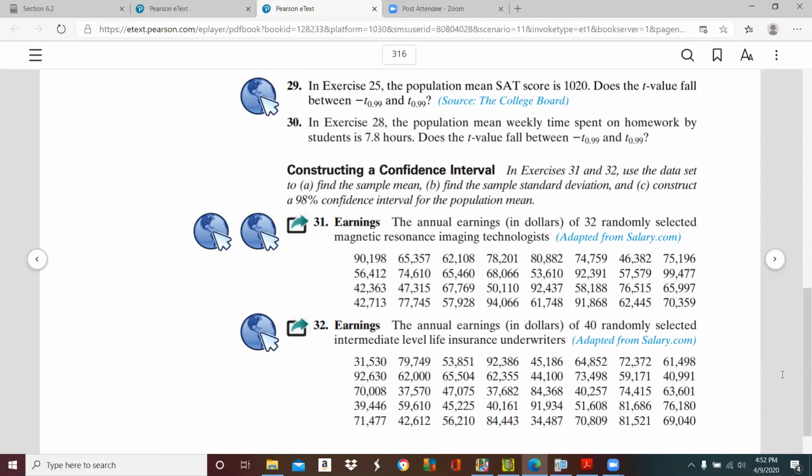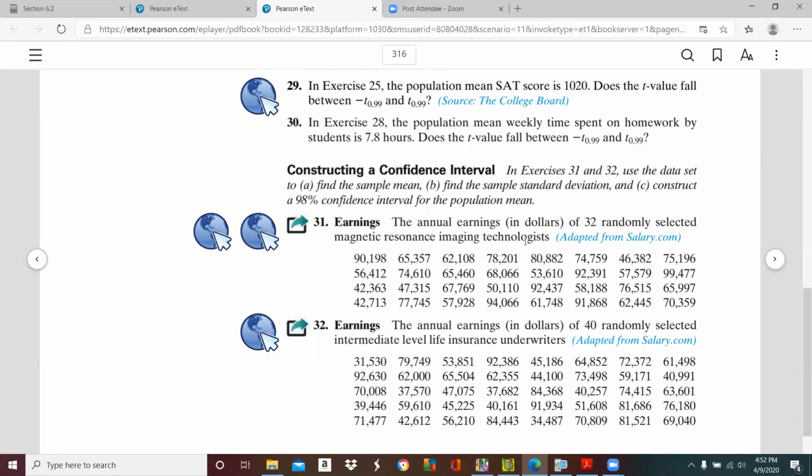It doesn't give you the sample mean at all. It gives you the data. So there are 32 numbers here. What are these numbers? Annual earnings of 32 randomly selected MRI technologists. These are specially trained people who run those MRI machines.